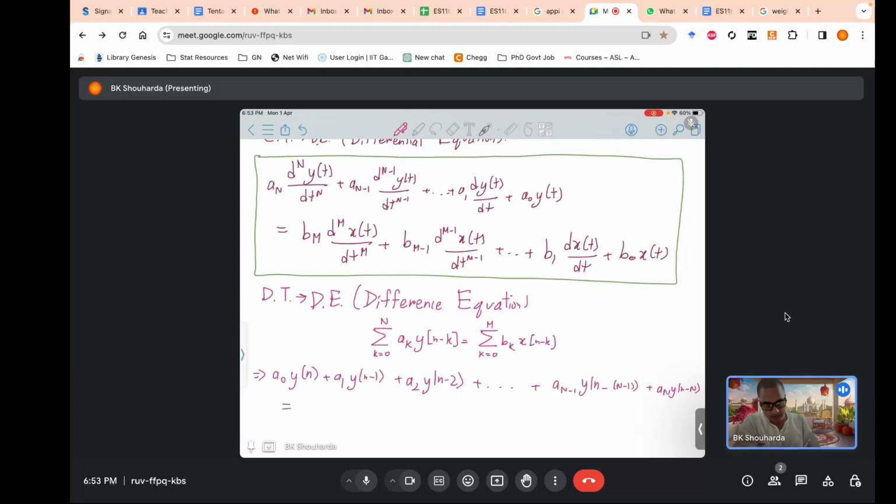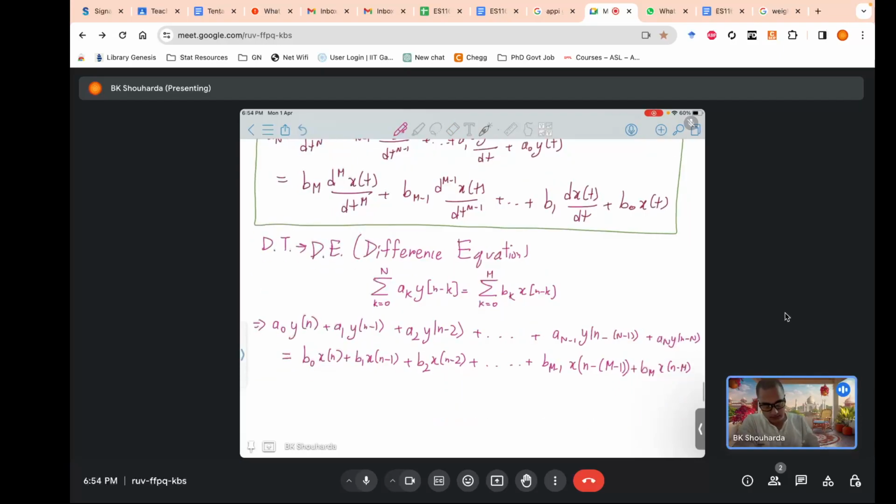And this will be equal to b0 x[n] plus b1 x[n minus 1] plus b2 x[n minus 2] plus b_{M minus 1} x[n minus M plus 1] plus b_M x[n minus M].